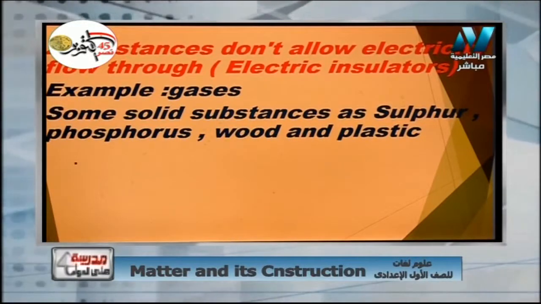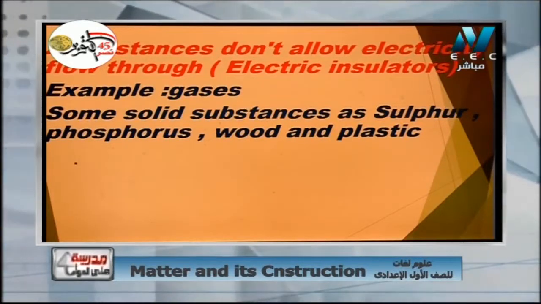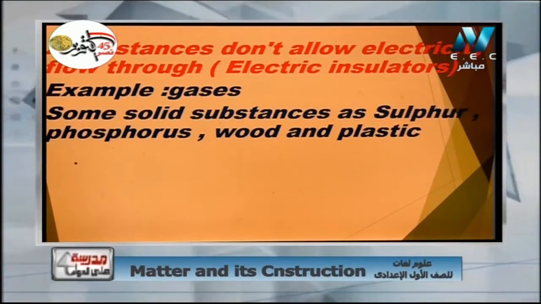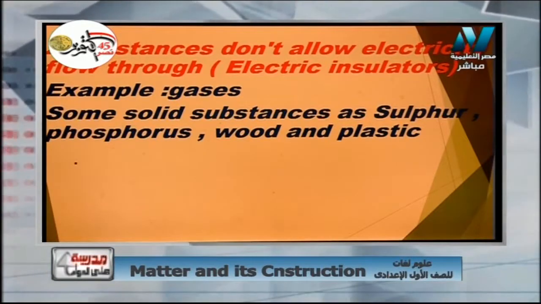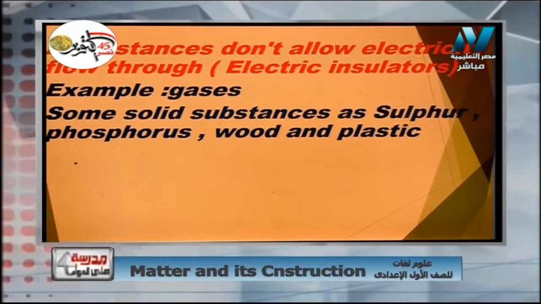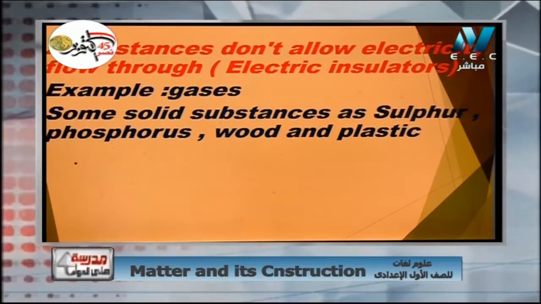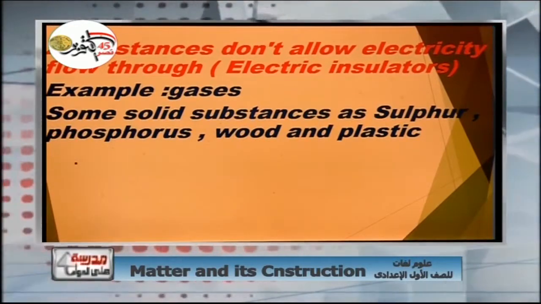As non-metals, we studied before in primary 4 that non-metals are bad conductors of electricity, as sulfur and phosphorus, except carbon. Carbon is a good conductor of electricity. And other substances like wood, plastic, carton, cotton.